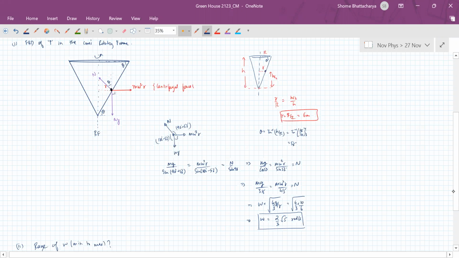So more and more static friction will start acting down the inclined plane till the static friction reaches a limiting value of mu n, in which case it is just about starting to slip. So limiting static friction mu n acting down the inclined plane will correspond to maximum omega. Okay. So incorporating that in your free body diagram, you can find out the upper limit of omega.